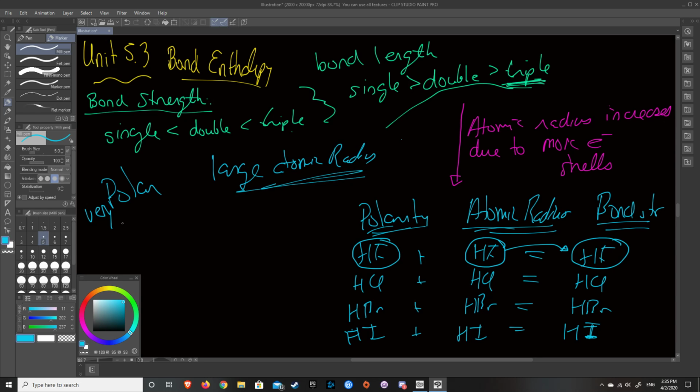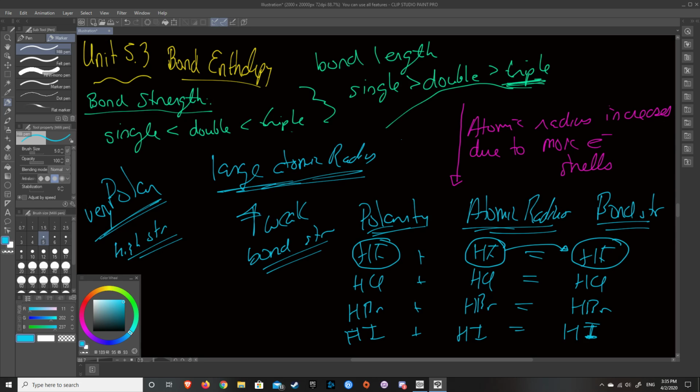So we have something that's very, very polar, but a very large atomic radius. A big atomic radius should mean a weak bond strength, but it's very polar, so it should have a high bond strength. So this is just something that I want you guys to take into account.